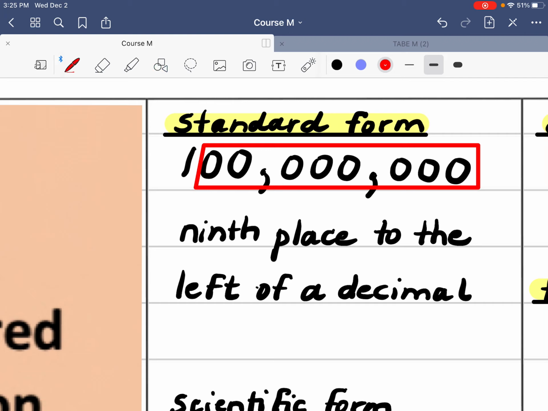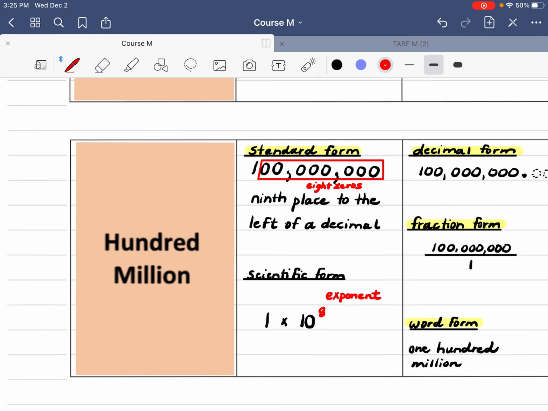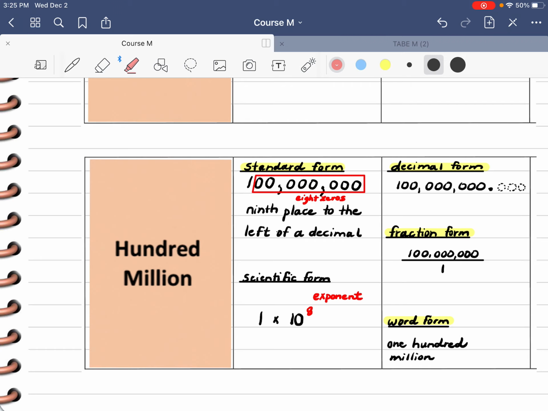So that 8 becomes the 8. There are 8 zeros. And that becomes your exponent of 8 in scientific form. So the 1 is from the standard form also, times 10 with 8 zeros. And that is yet another form of numbers that you are supposed to know.